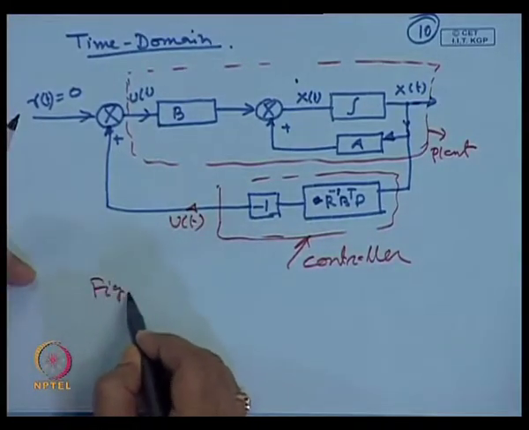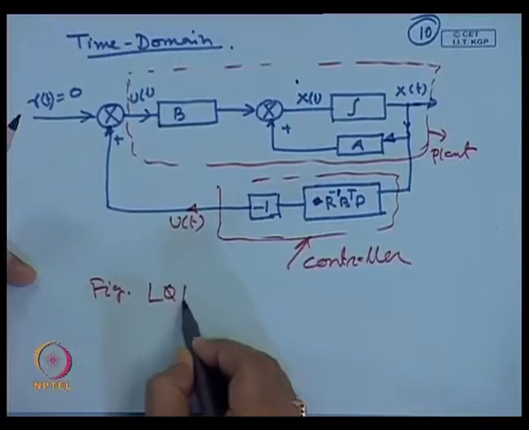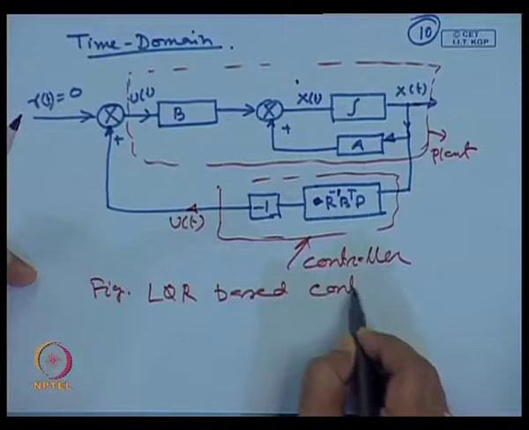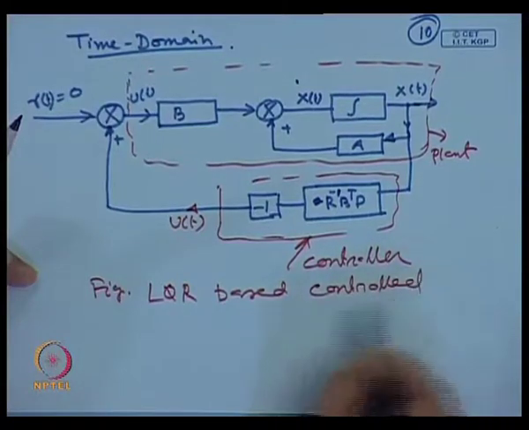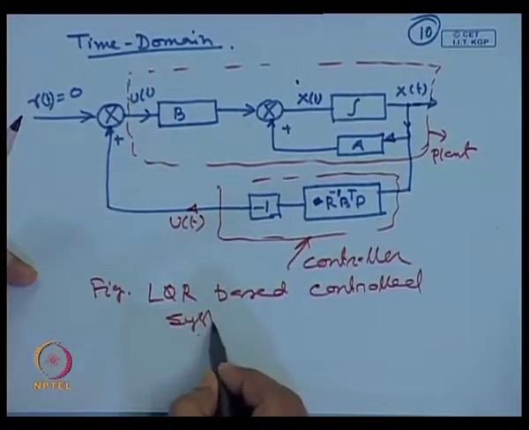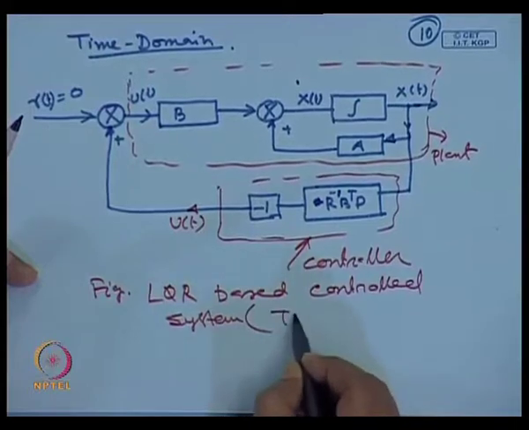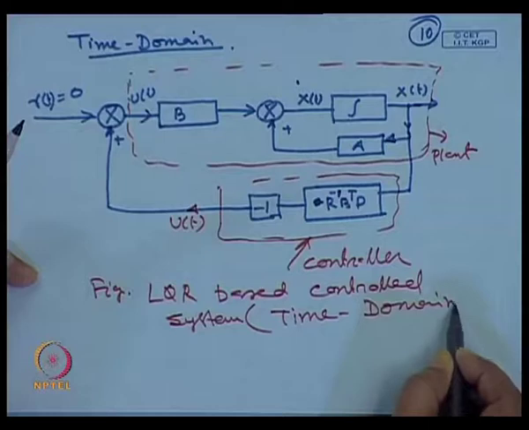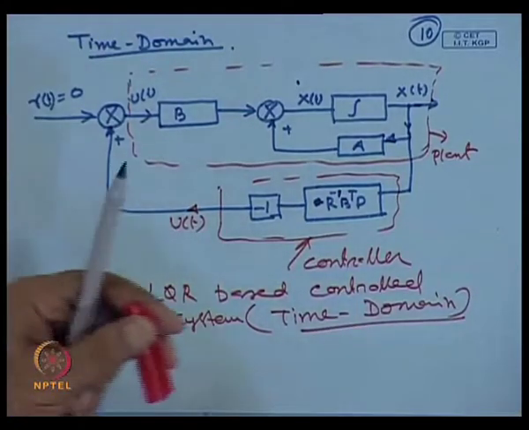If you see this figure more carefully, it is an LQR based control system, and it is represented in the time domain. Agree? It is represented in the time domain.